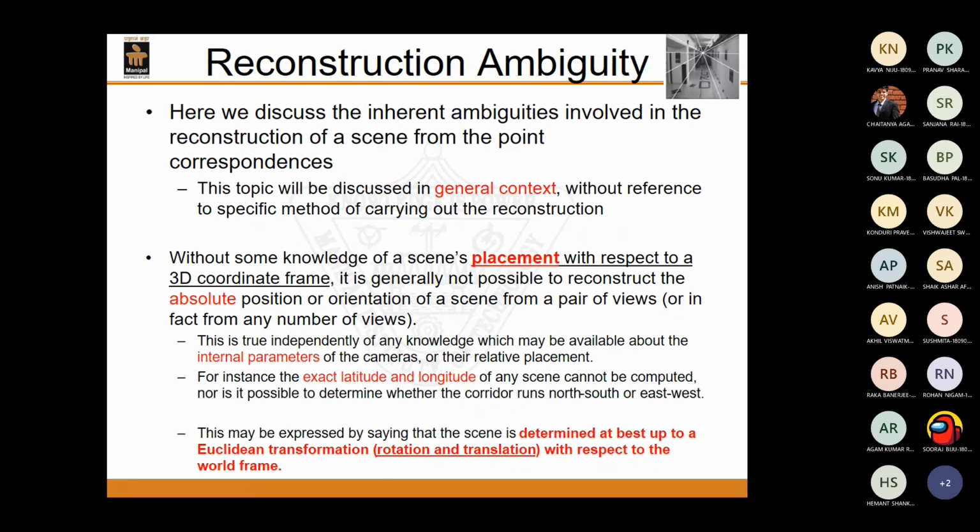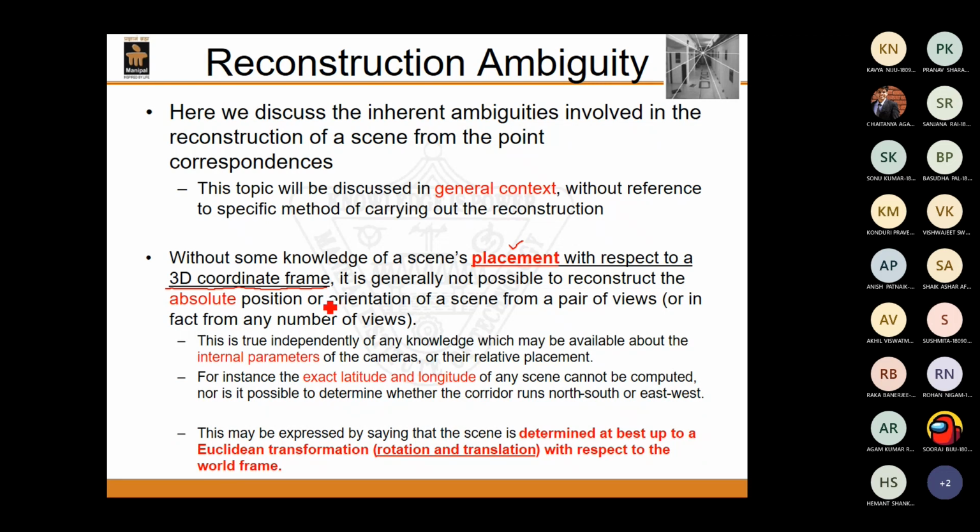Okay, and then in the last class we discussed the reconstruction ambiguity. That is, once we have reconstructed a particular scene, given two images, there are some ambiguities which may be involved. One ambiguity is with respect to the placement of the scene, that is, we do not know how exactly it is placed with respect to the 3D coordinate frame.